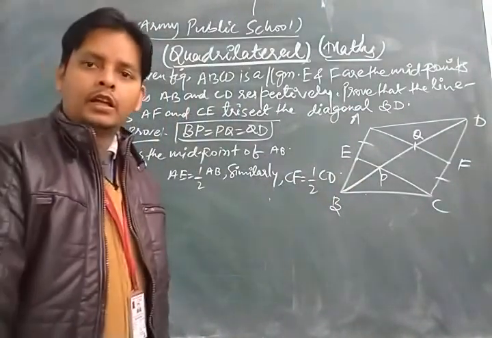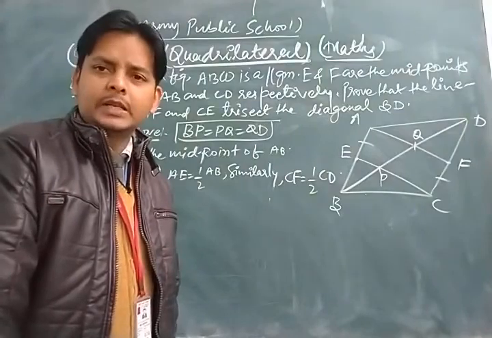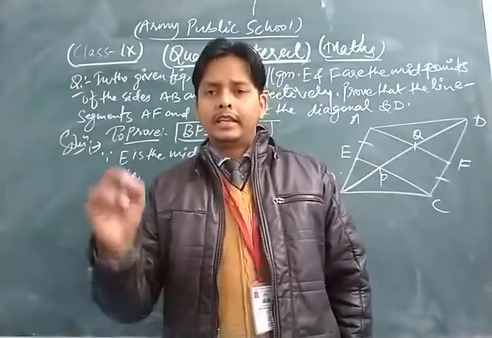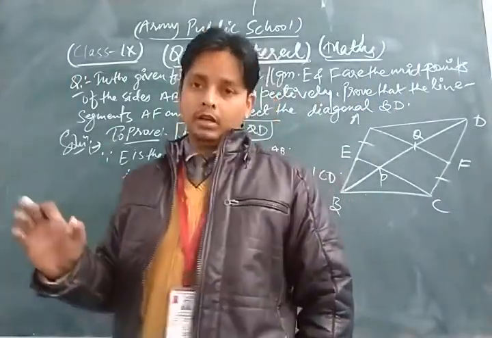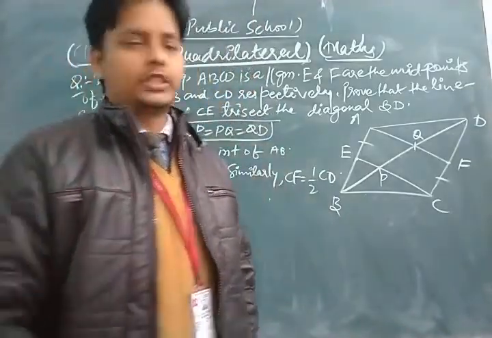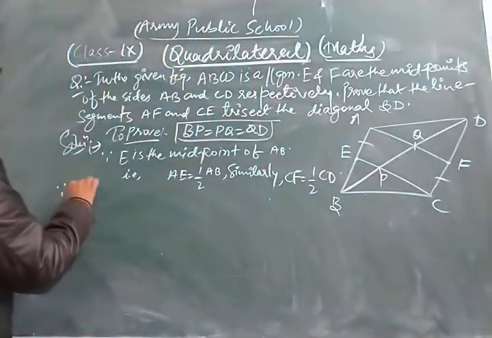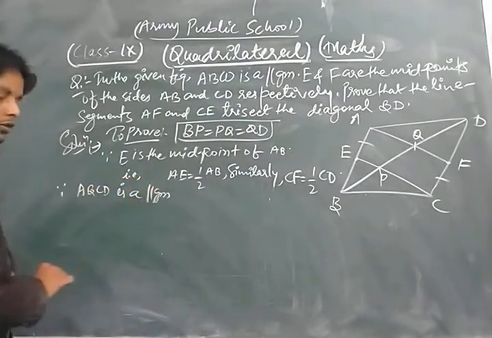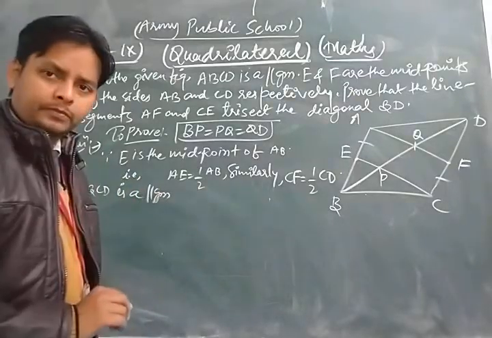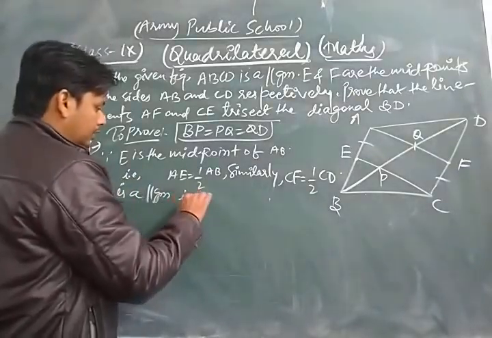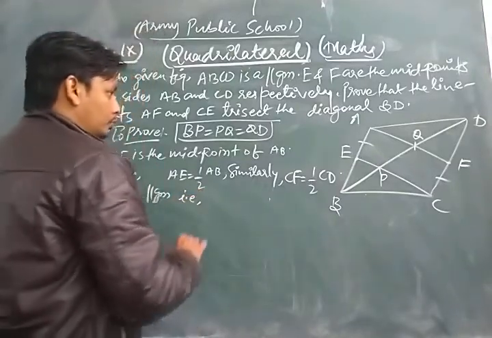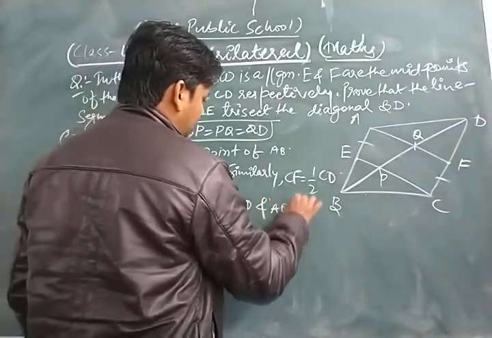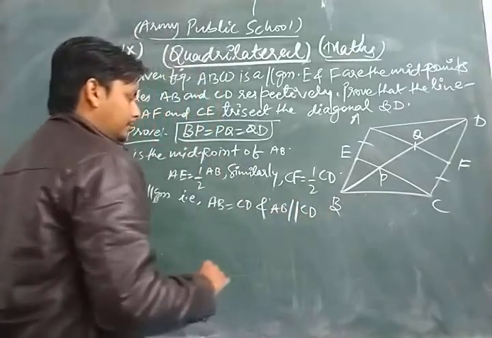Now, since ABCD is a parallelogram, by the property of a parallelogram, opposite sides are parallel as well as equal to each other. So AB is equal to CD as well as AB parallel to CD.